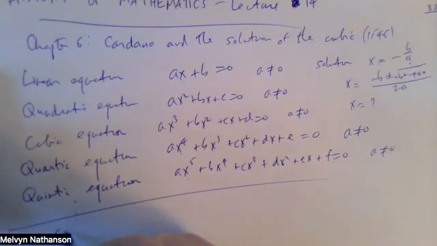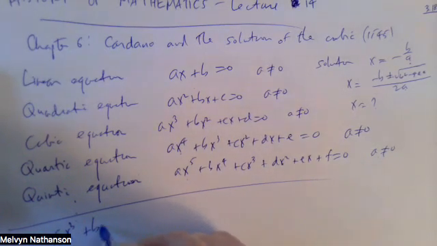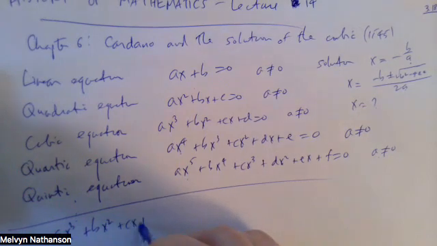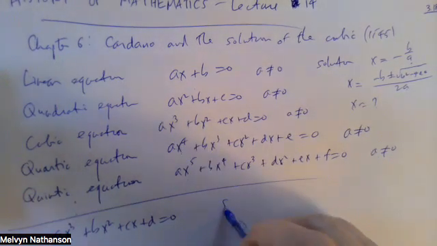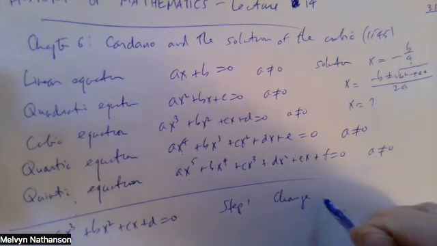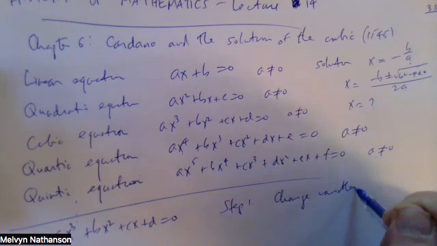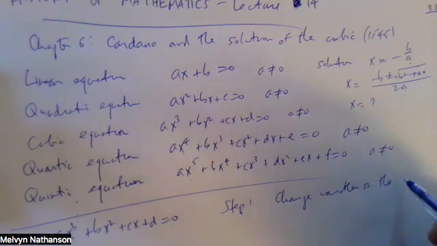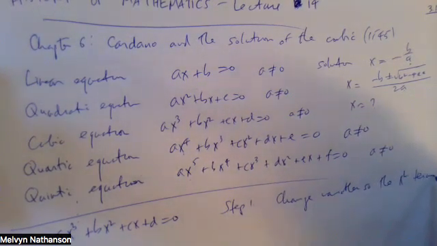So suppose we have the equation ax cubed plus bx squared plus cx plus d equals 0. So step one is to change variables so the x squared term disappears, vanishes.